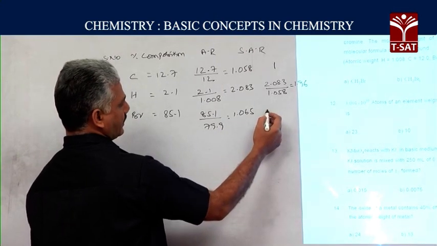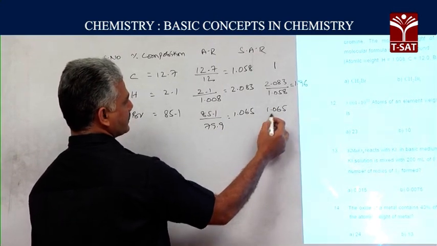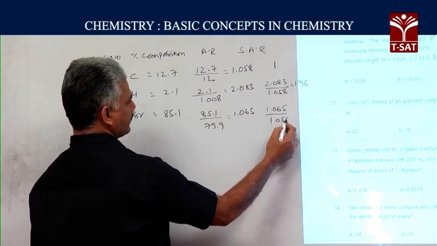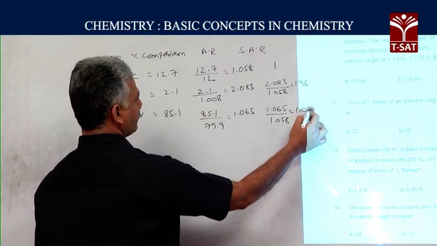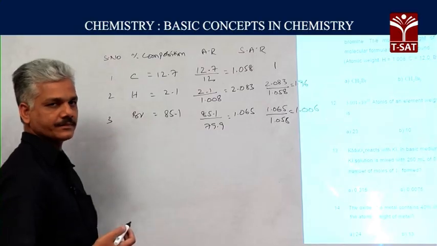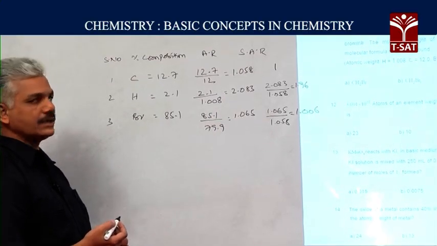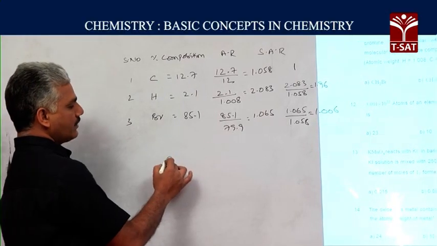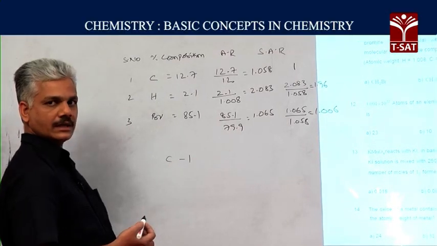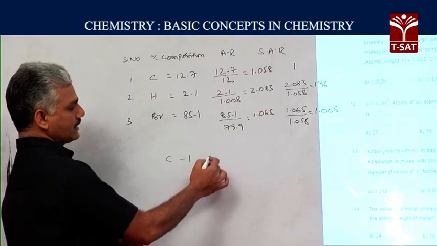Bromine's simplified atomic ratio value is 1.065 by 1.058, that comes out to 1.006. Now, these values are to be adjusted to their nearest integer values. Carbon, already we have got an integral value, no need to change it.